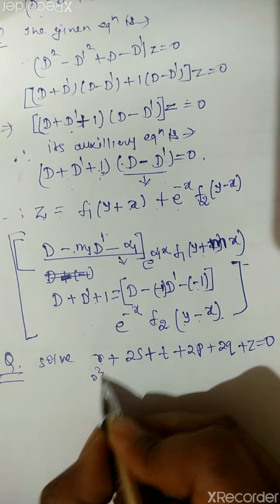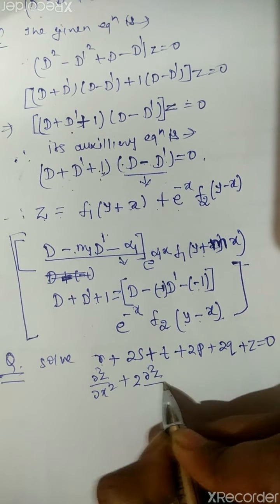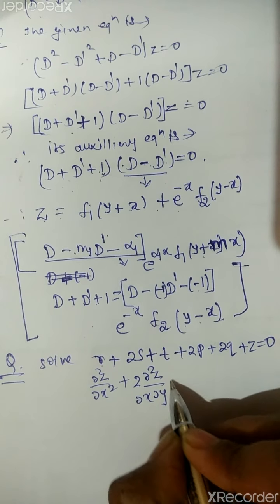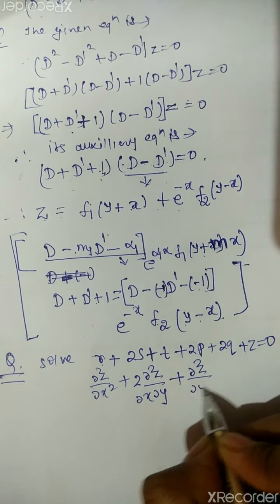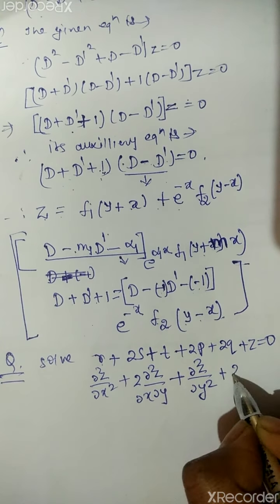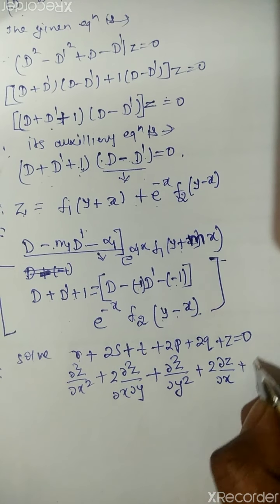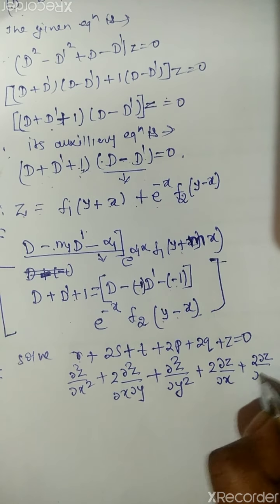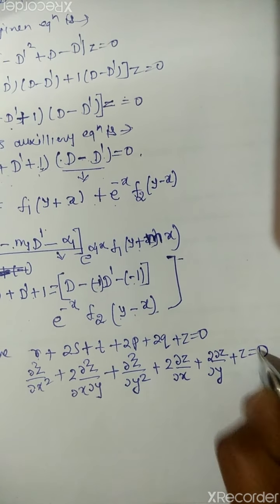So del 2z by del x2 plus 2 del 2z by del x del y. Okay, fine. And then we have del 2z by del y2 plus 2 del z by del x, then plus 2 del z by del y, and then plus z equals to 0.